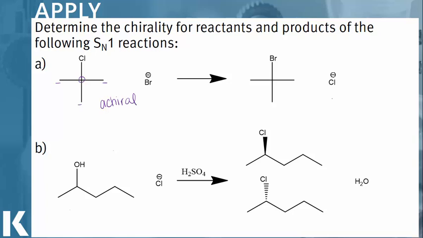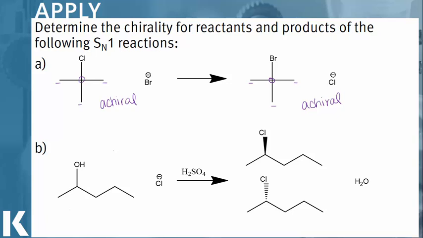Well, what about the product? Same thing. We have a central carbon connected to 3 methyl groups. 3 substituents are the same, so our product is also achiral. So here we had an example where we never had any chirality, and that's perfectly fine for an SN1 reaction. This just demonstrates that having a racemic mixture or stereoisomer at all as a product of an SN1 reaction is a possibility, not a necessity.